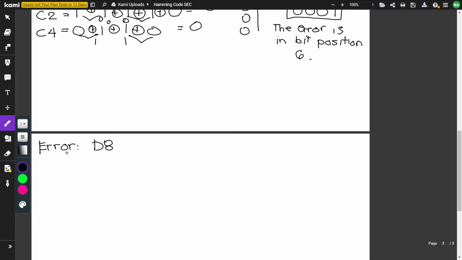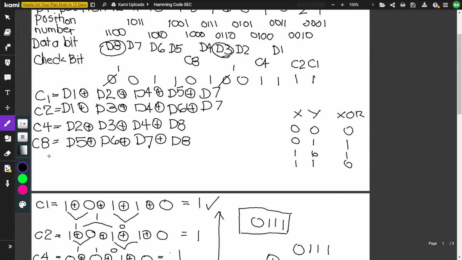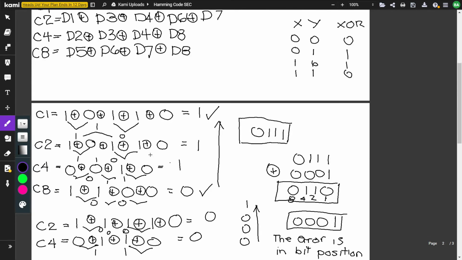Again, we have to get the original check bit since we already have the original. So this is the original, this part. So we have 0, 1, 1.